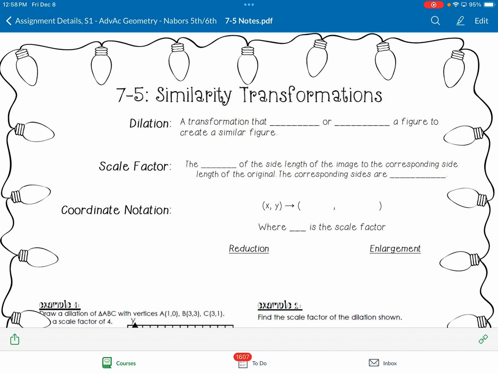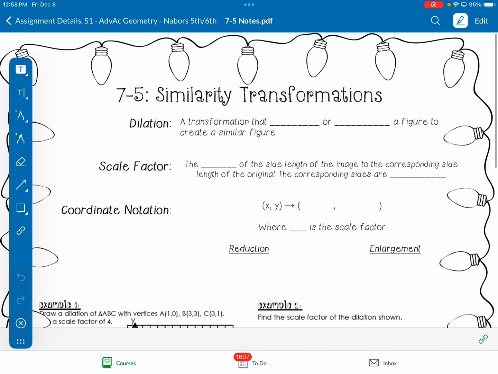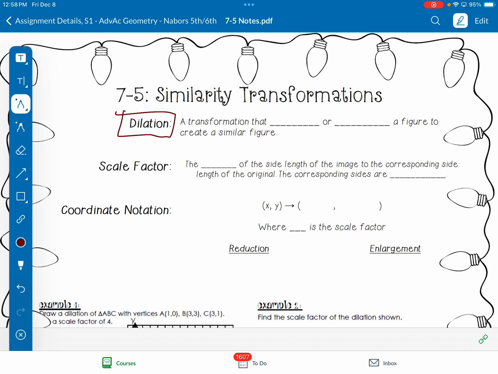Anyway, we have a whole chapter about that coming up, okay? But we are taking one of those lessons and putting it in this chapter because of the similarity, right? It basically creates two similar figures, and that is a dilation. So a similarity transformation is just a dilation.